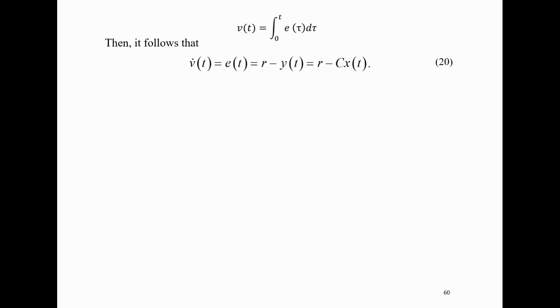Okay, and now if we use the expression of the output, because V is the integration of the error signal, V dot equals E, right? But E is just the reference minus the output. This one is a vector, but Y is an output, so it's C times X. So we have an equation for the signal V.